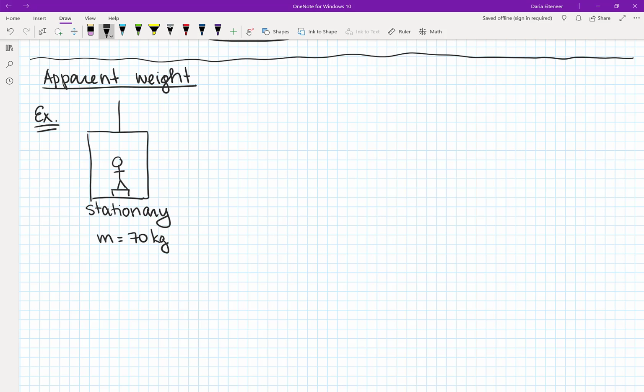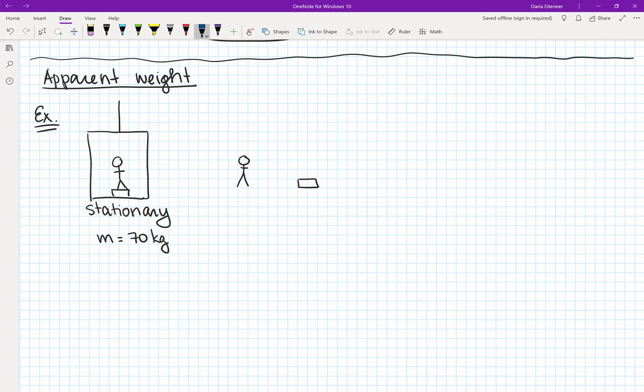So I'll start with stationary. I am specifically interested in drawing two separate free body diagrams, one for the person and one for the scale. And yes, I said I usually draw the objects as just boxes or dots, whatever. I'm just going to leave it like that.